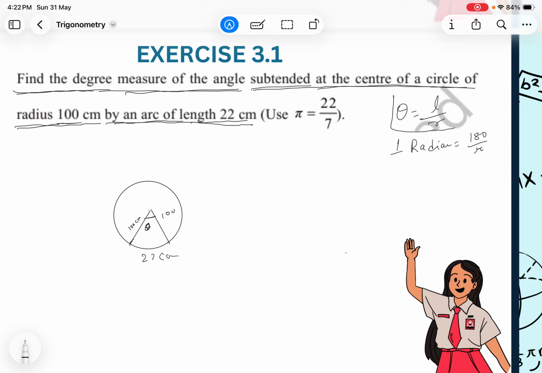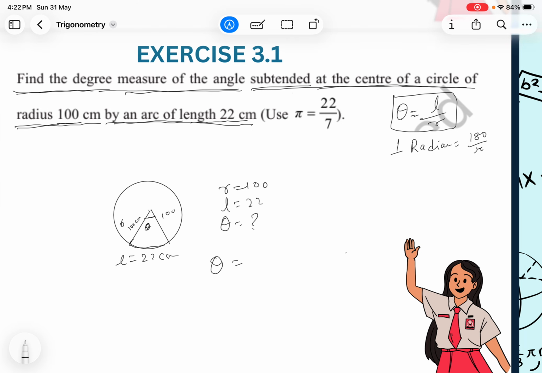Look, if we have to find theta, then we can find it by L by R. And what is L and what is R? You know the radius is called R and the arc is the length, so L equals 22 and R equals 100. We have to find theta, right?